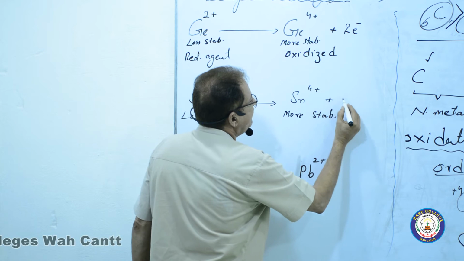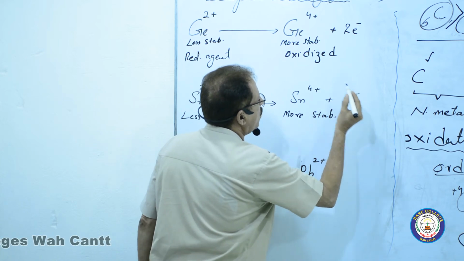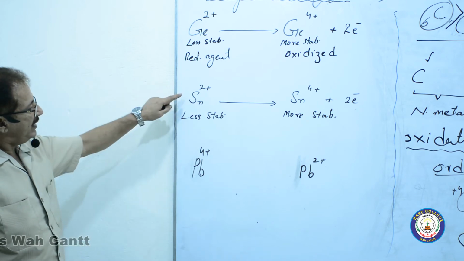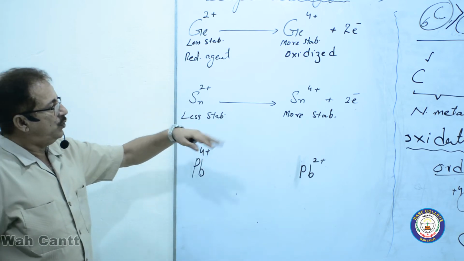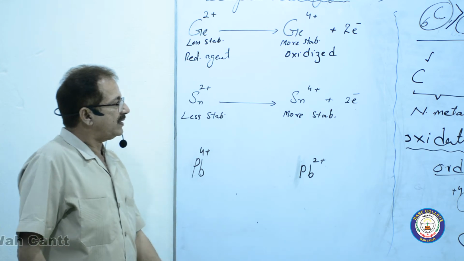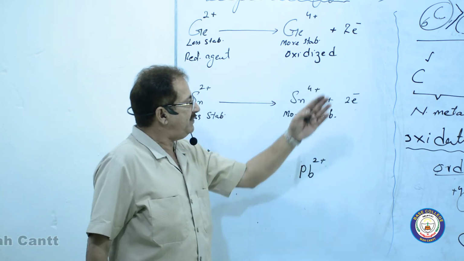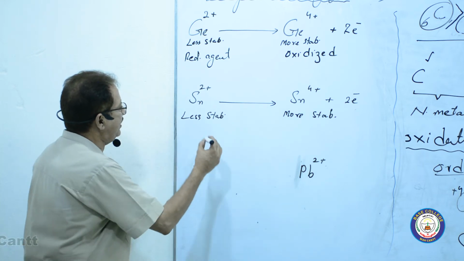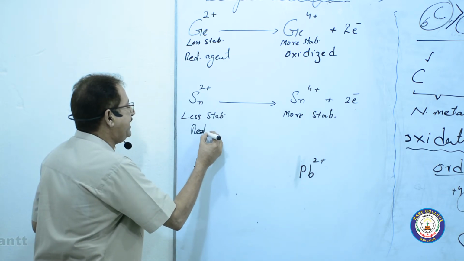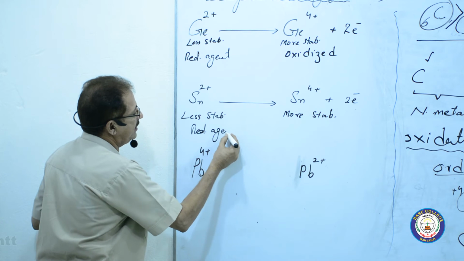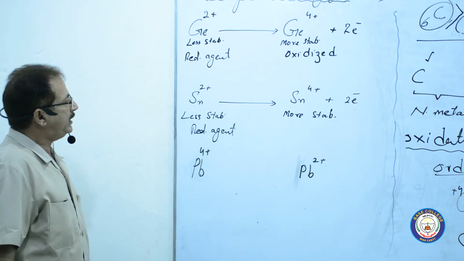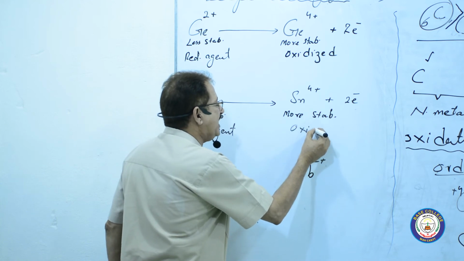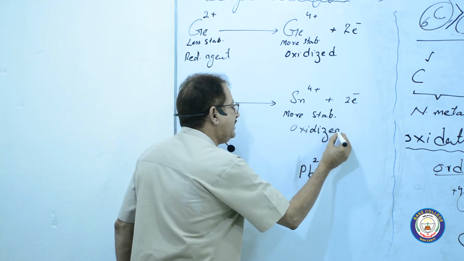Again by giving out 2 electrons to any other species. It is going to lose 2 electrons, the other thing will gain them, and itself it will change into more stable formation. Again, it is a reducing agent, and Sn 4 positive has been oxidized.